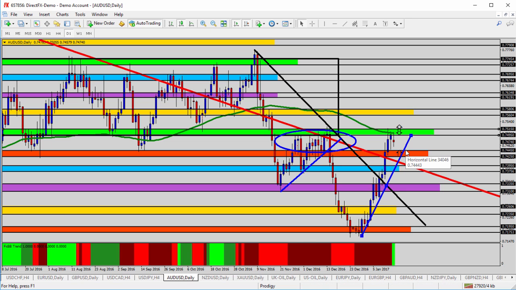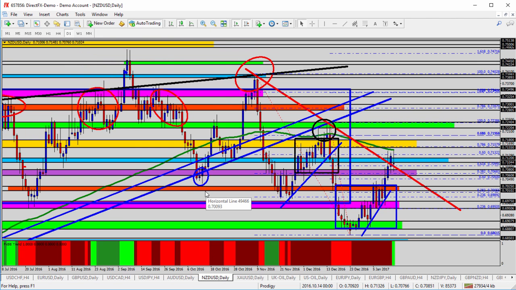So that could be our first clue, or next clue, I guess, of a shift in momentum. So watching for buying opportunities means we needed to dip down to the orange zone or break above the green zone. Now, if you're going to continue to play the longer term moving average here, the 100 period moving average, then of course that's as close as possible to 75.00 to minimize your risk for the AUDUSD.